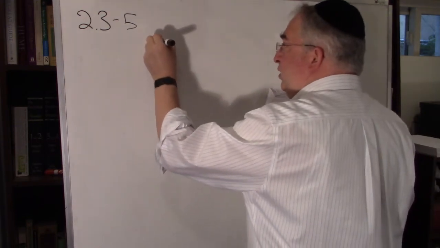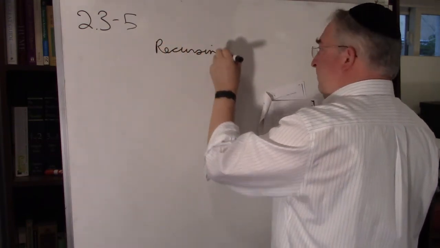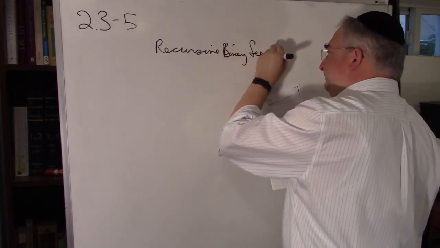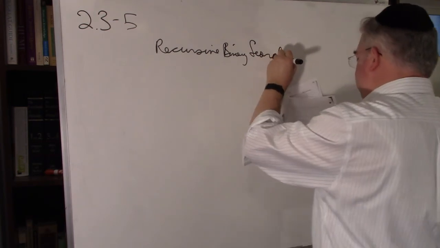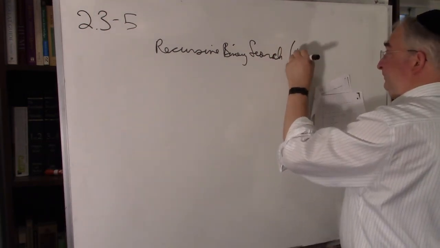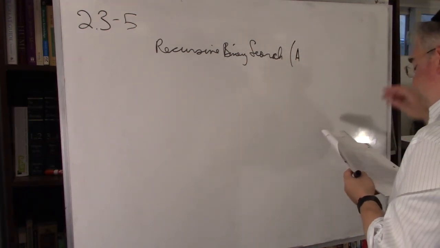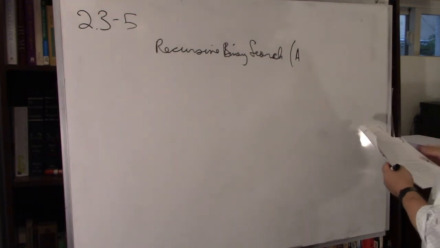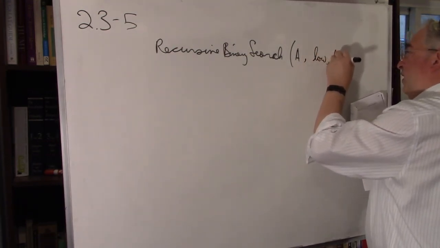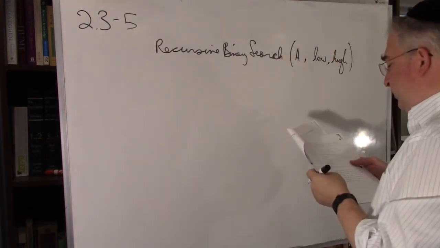So let's do it: recursive binary search. It takes a low and high. That's the low point of the array and the high point of the array.